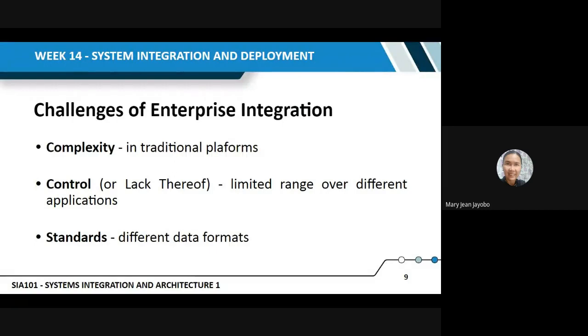And then, of course, we have the standards or different data formats. Now, the challenge with integration is that most messaging systems and applications use different data formats. Alam naman natin yan. So when that happens, di ba, pumapasok yung mga hindi nagiging compatible, yung softwares at saka yung system. Okay?